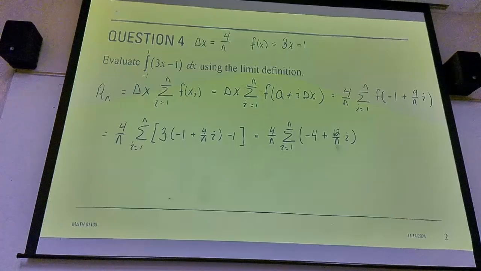Simplify, you should get -4 plus 12 over n times i.